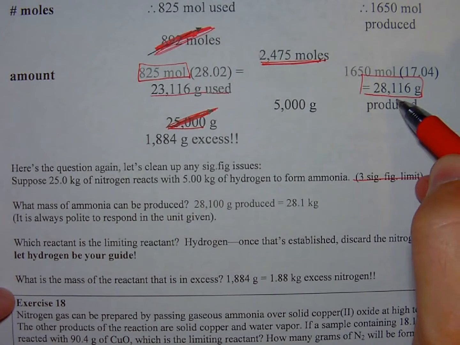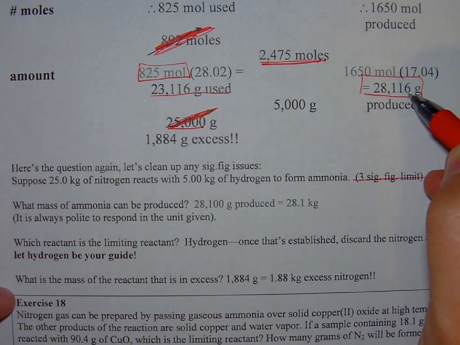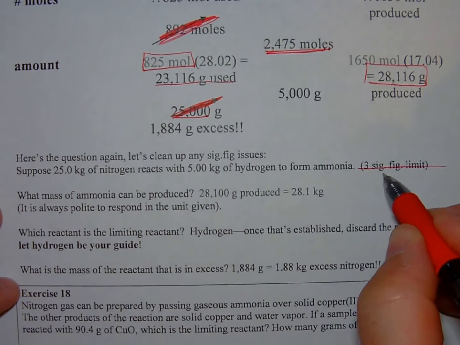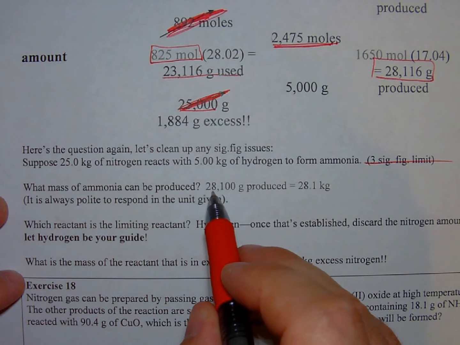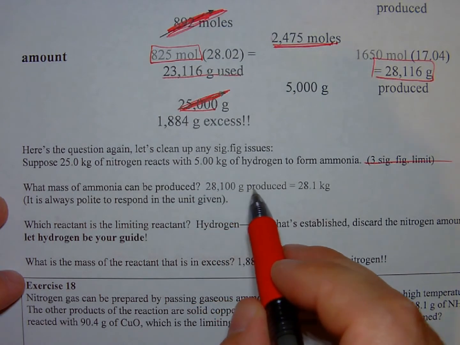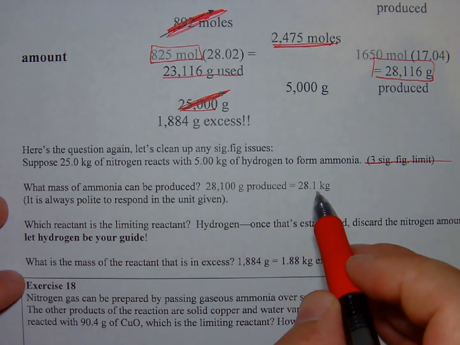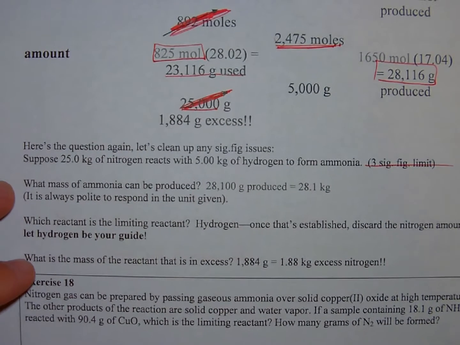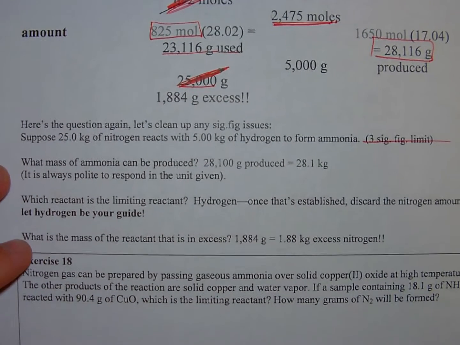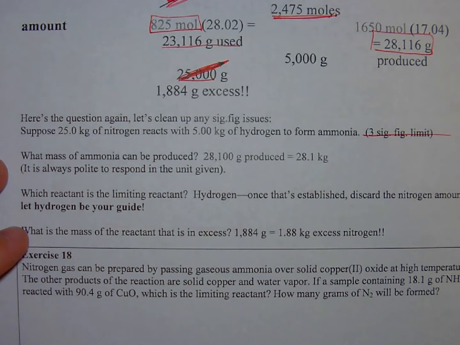Well, the number that I calculated was 28,116 grams, but that's not 3 significant figures, so I shortened this to either 28,100 grams or 28.1 kilograms. Either is going to work for the AP graders. However, if you had to choose, give your mass in the same unit that the question is given in.